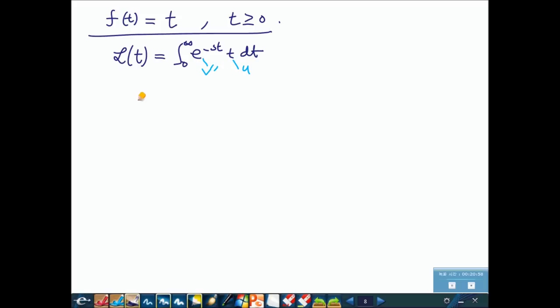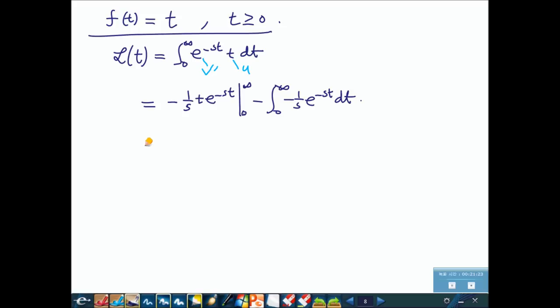If you do that, this is minus 1 over s times t e to the minus st, uv, from 0 to infinity, minus the integral from 0 to infinity of minus 1 over s e to the minus st dt, which is u prime v.